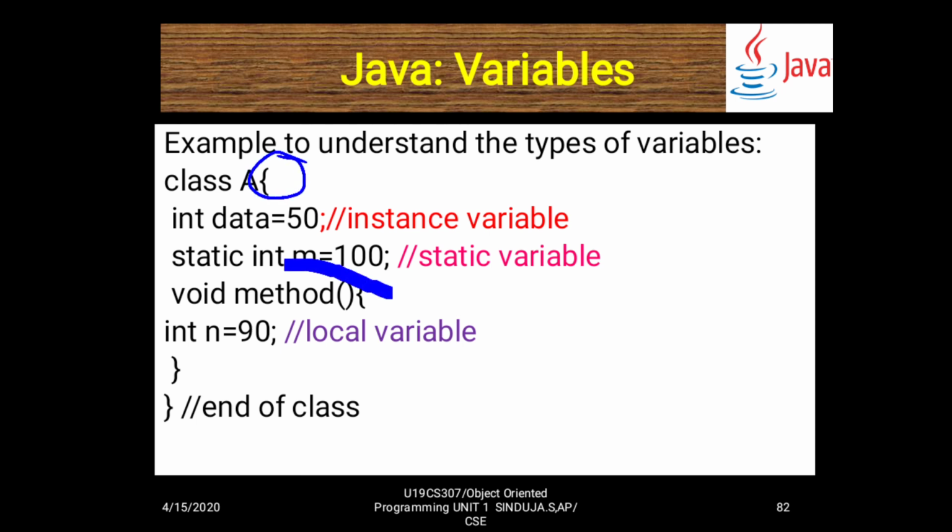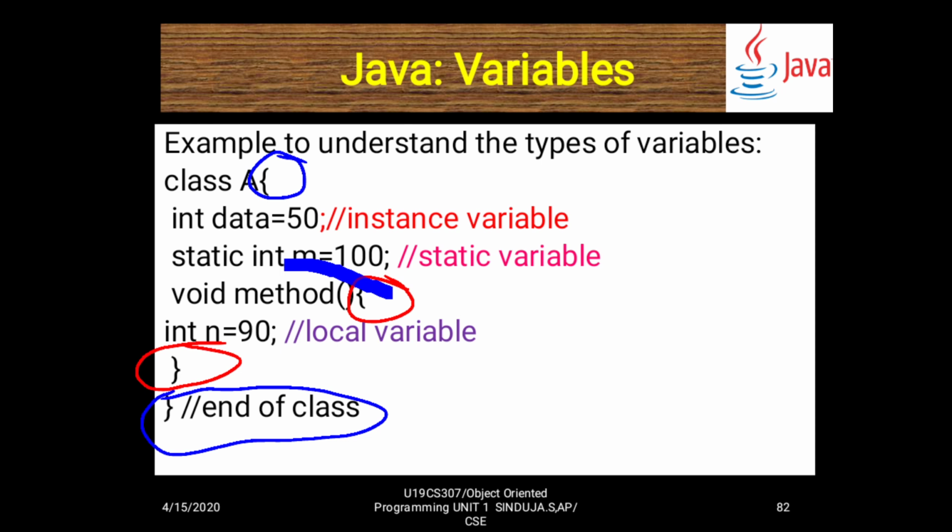Here is my class. And where is my method opening and method closing? Here is my method opening and method closing. This blue color mark tells about your class closing and the red color mark tells about your method closing.